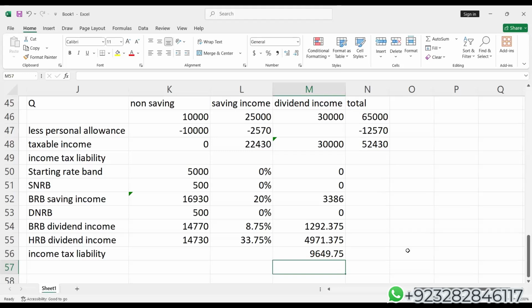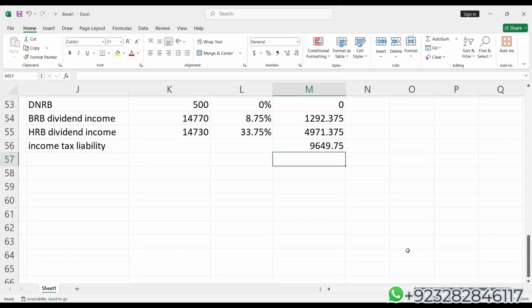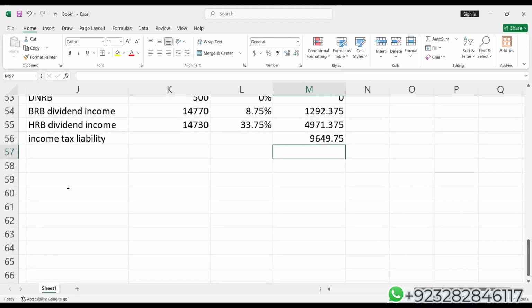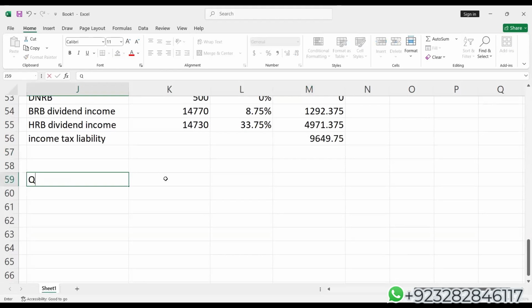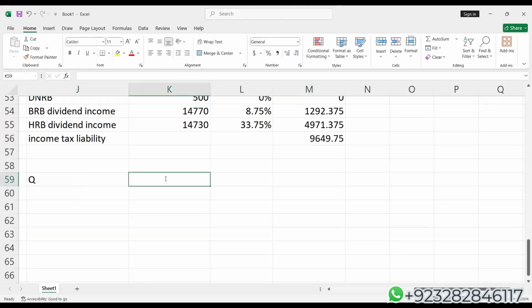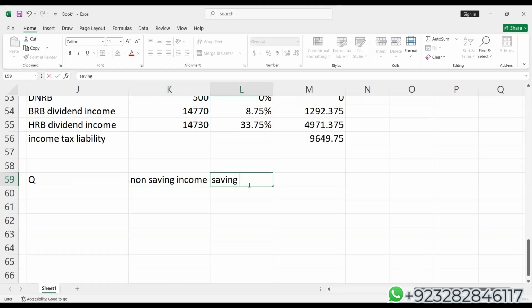Okay, students, I'm just writing one very small question. Take it like a homework, I would say. Non-saving income, saving income, dividend income.